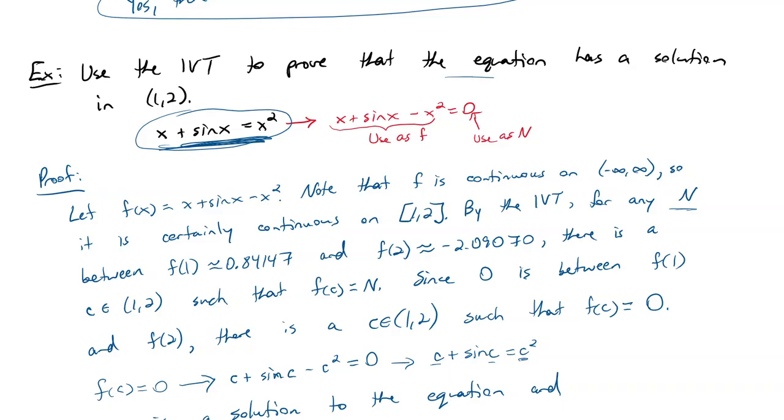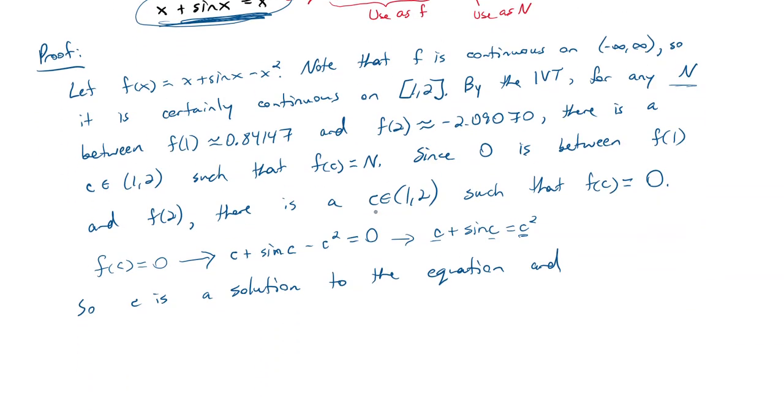We're trying to prove that the equation has a solution. So we just did. But even more so, we need that solution to be between 1 and 2. We already know that c is between 1 and 2. It was part of the theorem. So c is a solution to the equation, and c is in the interval from 1 to 2. Therefore, we've proven the statement. We are done with our proof.